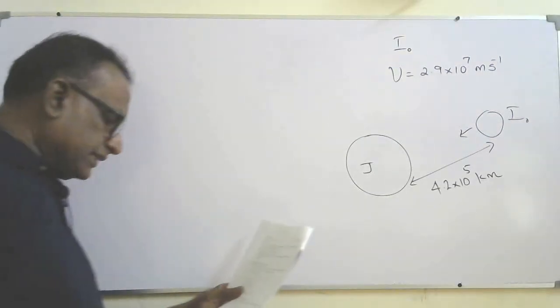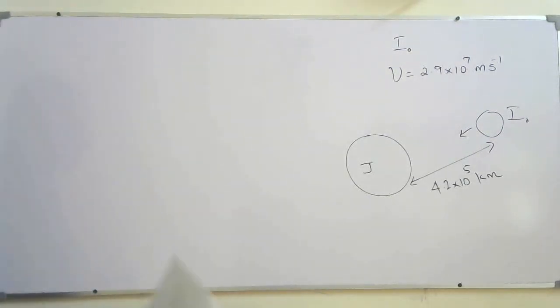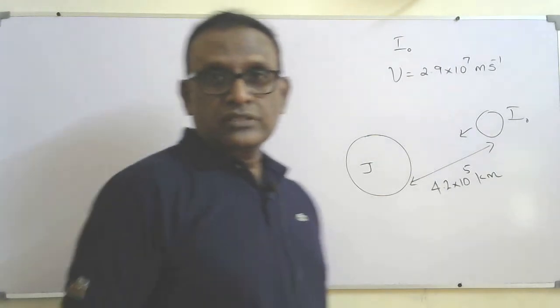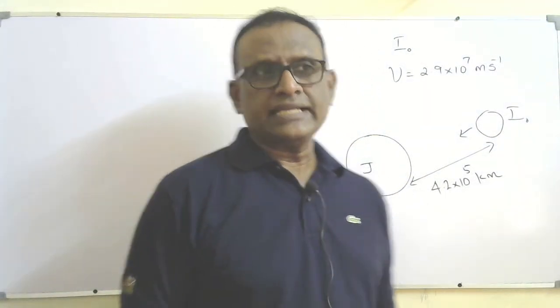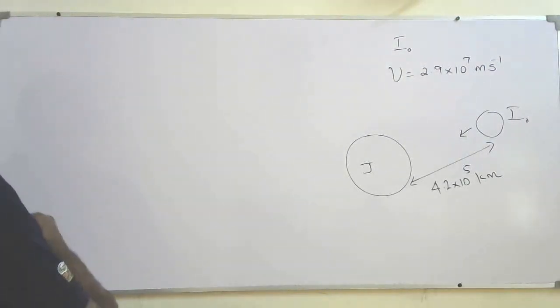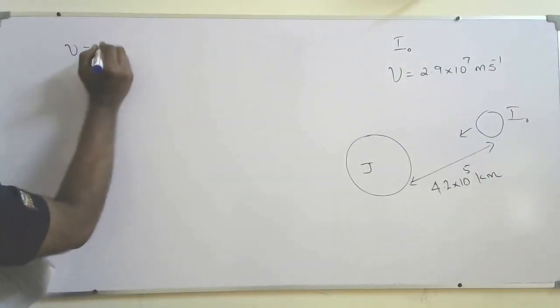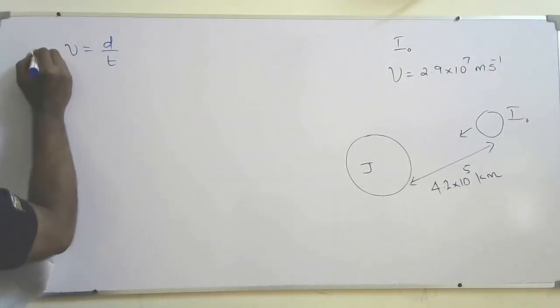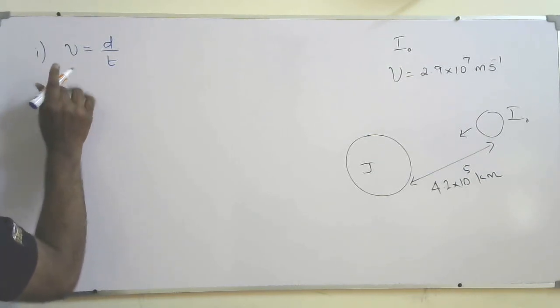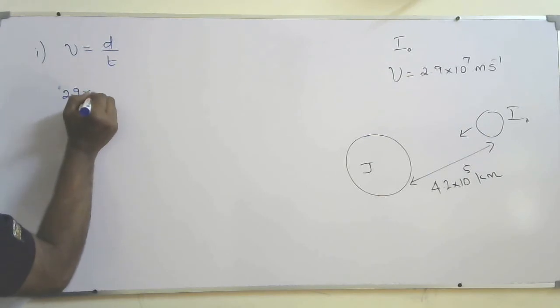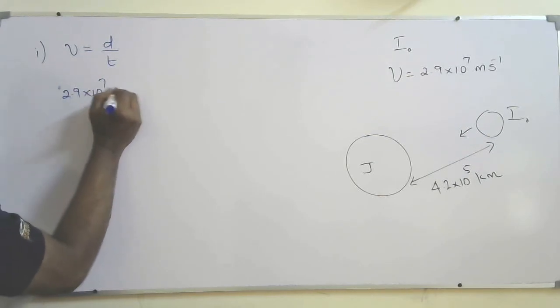First part, find the time taken for these electrons to reach Jupiter. That is nothing actually. We can use speed equals distance over time. We know the average speed is given, 2.9 into 10 to the power 7.